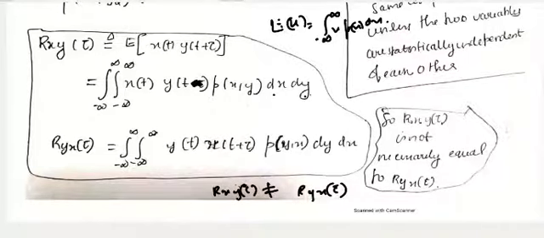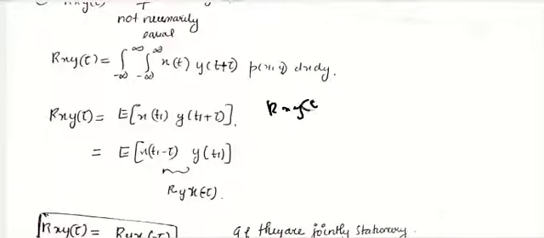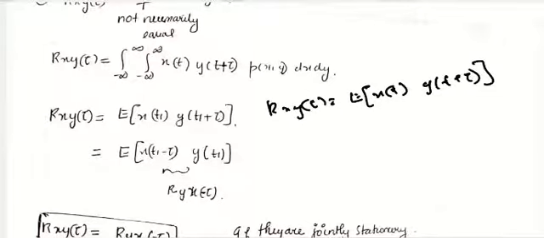So, what is r x y of tau? R x y of tau is equal to E of x of t y of t plus tau, or I can write E of x of t minus tau y of t. The only thing that should be here is the time interval between these two.